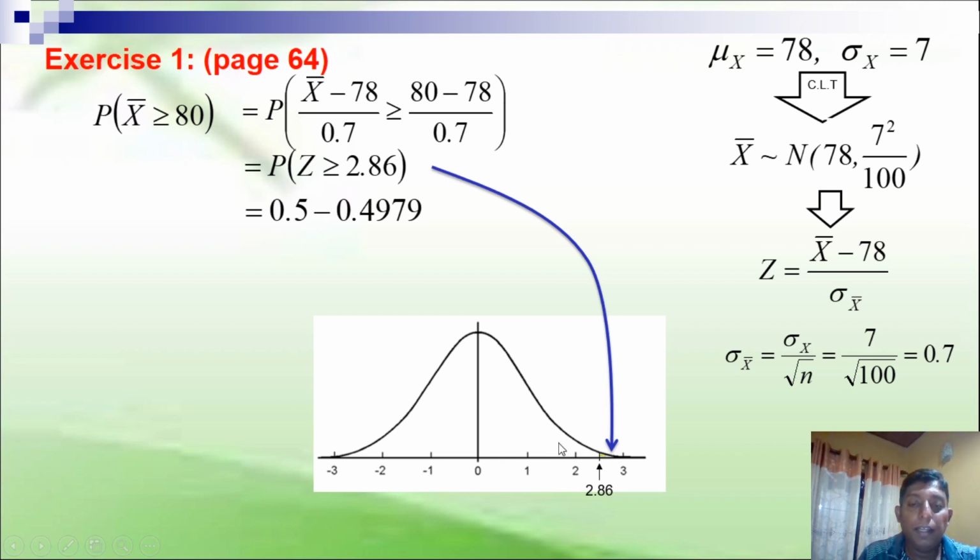Then we can obtain the probability from 0 to 2.86. The probability on the right hand side equals 0.5 minus this value, which gives the required answer, 0.0021.